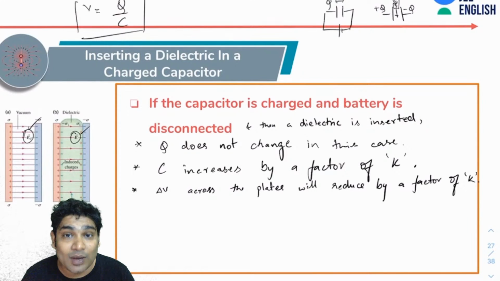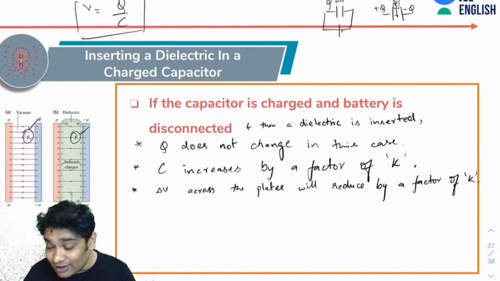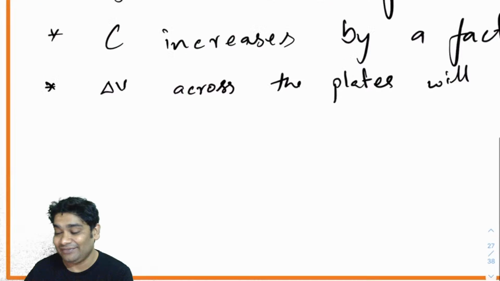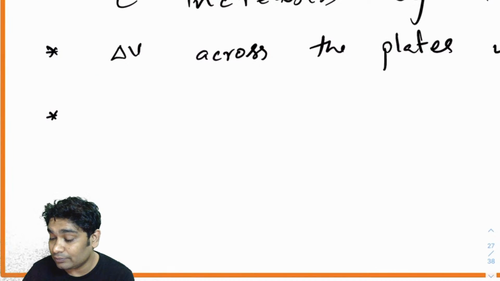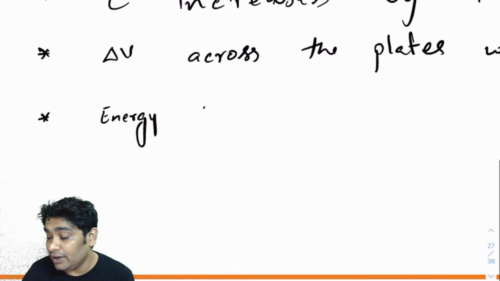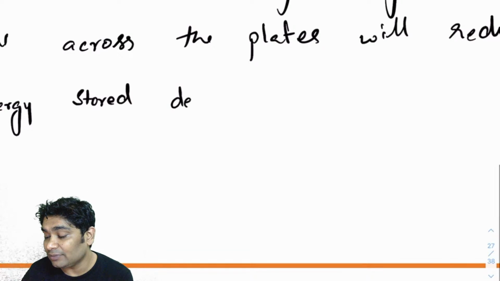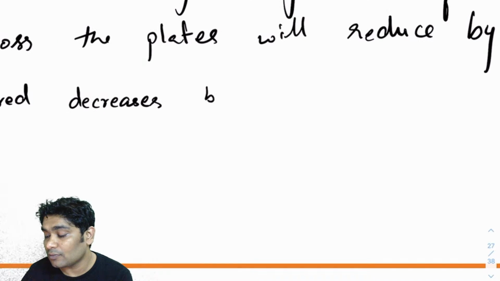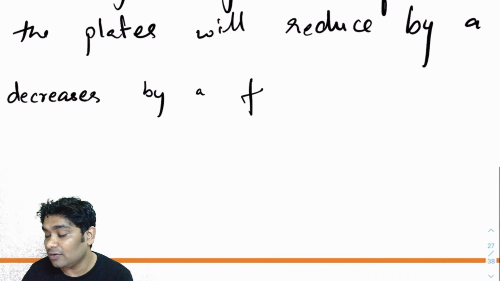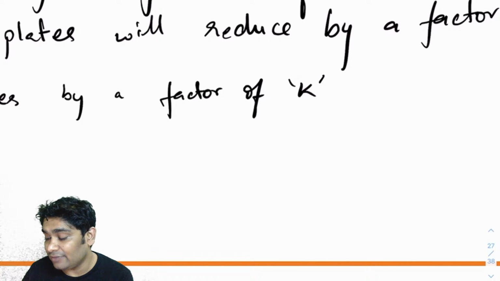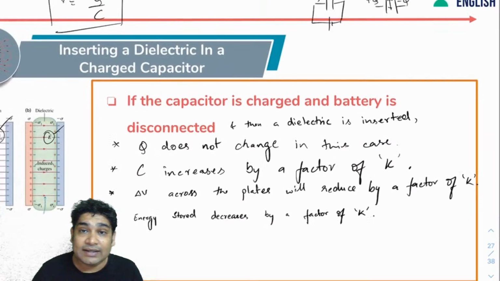Energy is Q square over C. Q remains unchanged, C has increased by a factor of K. So the energy stored would decrease by a factor of K. Alright, so please remember these.